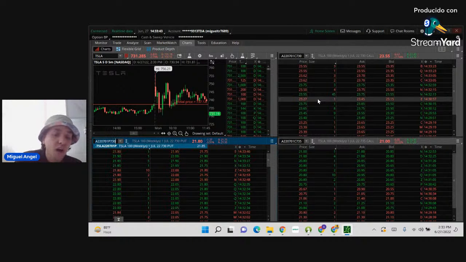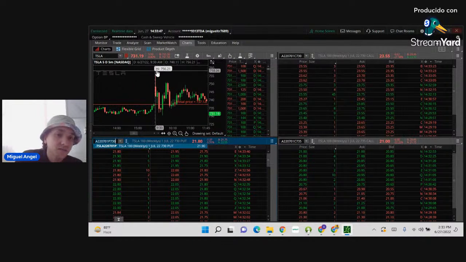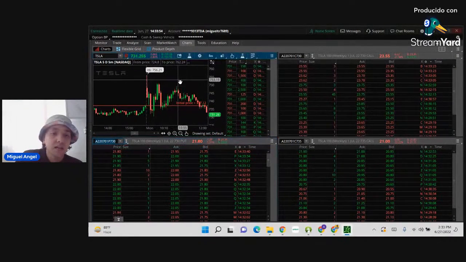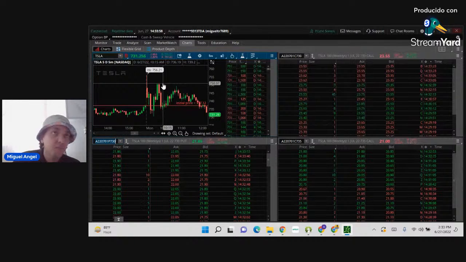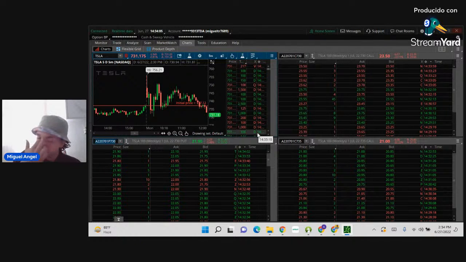And what happened later? We see that price went up. Obviously, it was not enough momentum to break the highest point for the day. But again, this setup is not mainly for day trading. It's more for doing quick scalpings.